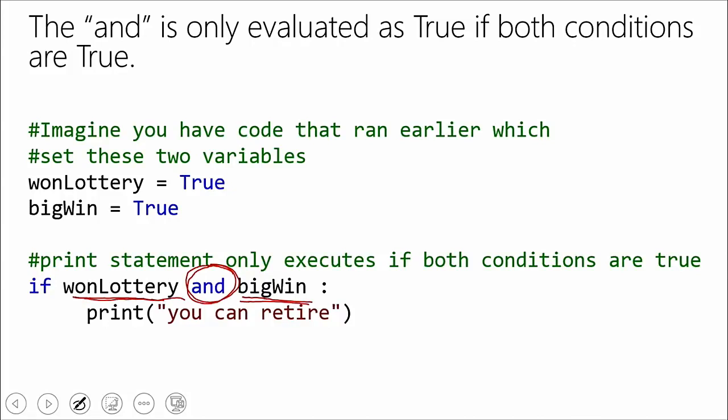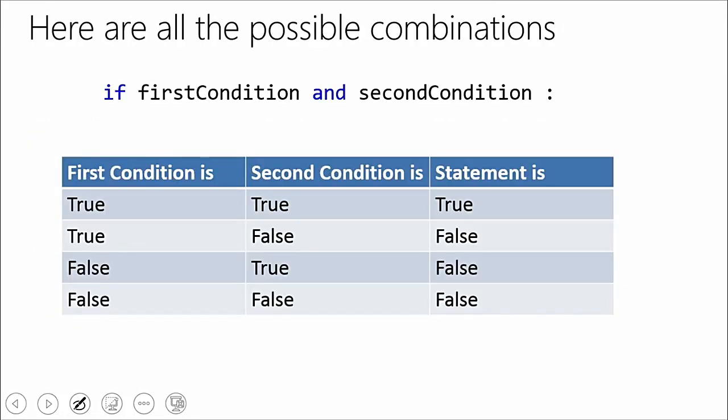Now, this can be a little bit complex trying to figure out when is it actually going to run this, and when is it not going to run this. I love this table that you have here because it breaks it down very simply. If the first condition is this, and the second condition is that, that is what the result is going to wind up being.